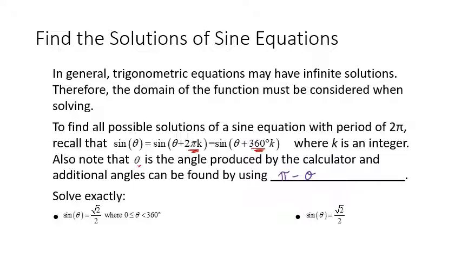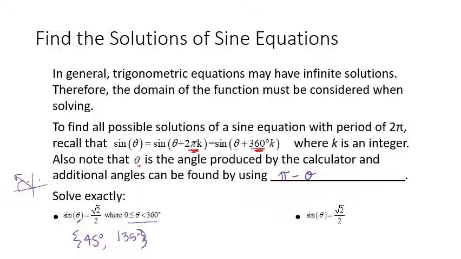So for example, if we had to find sine of theta, and now we've got this domain restriction, what angles, when you take the sine of it, give us root 2 over 2? Those angles are going to be at 45 degrees. And then again, if you're looking at that unit circle, sine's going to be positive here and here. So 180 minus 45 degrees is where that other angle is going to be, which is at 135 degrees.